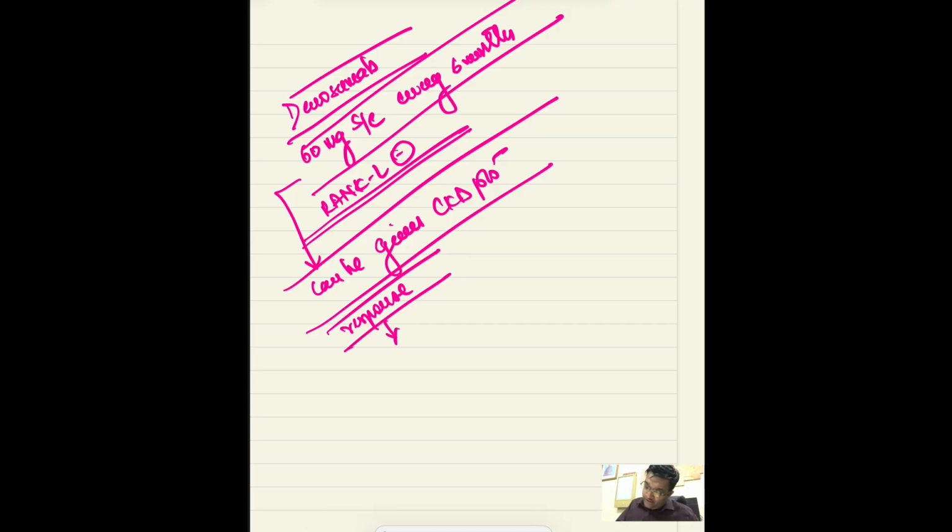What we need to be wary of while using denosumab is we should not stop it abruptly, because suddenly the bone turnover markers, especially the resorption markers, go up, and there is an increased risk of fracture on sudden stoppage. So that is where we need to be very, very careful.